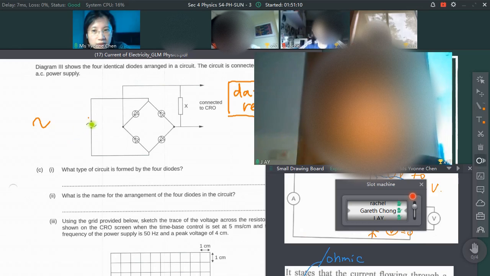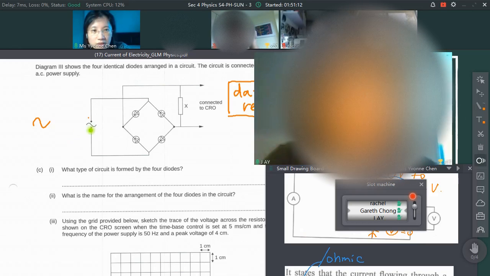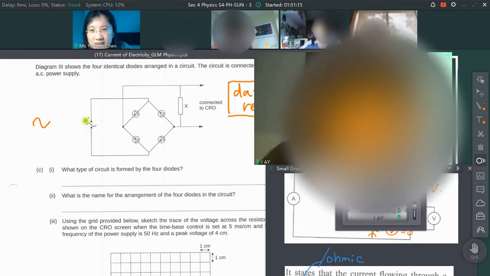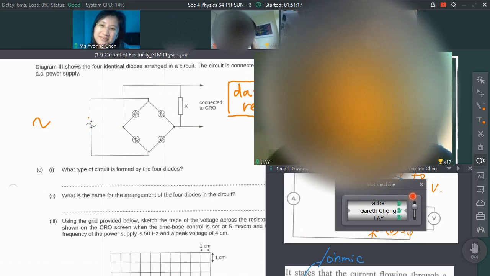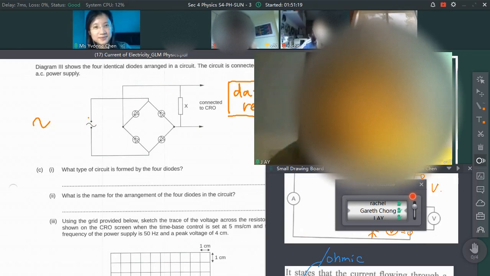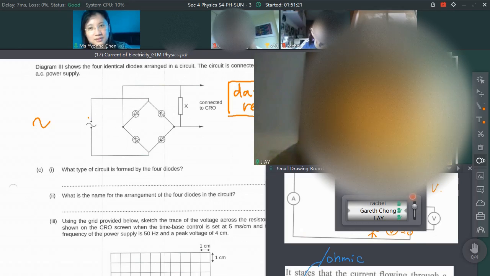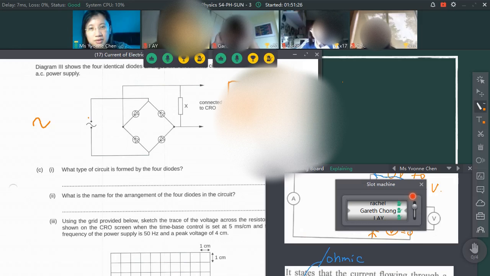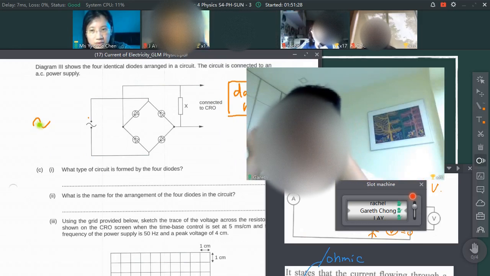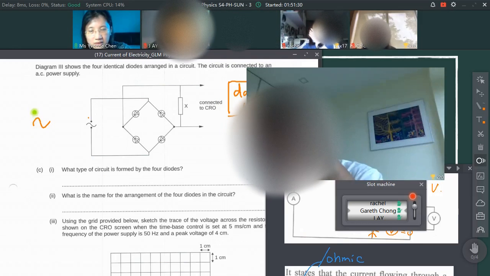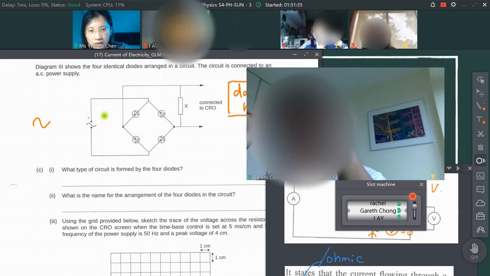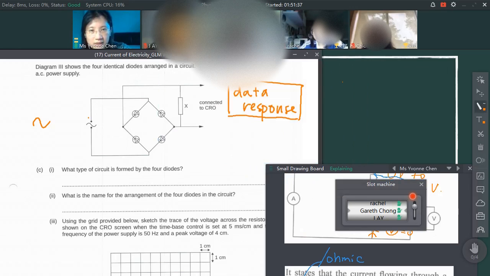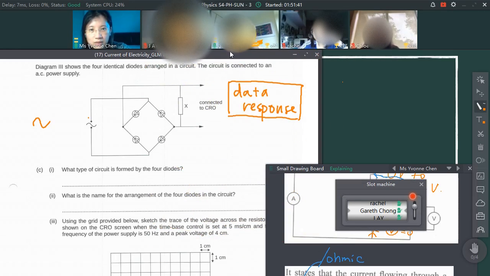The sinusoidal graph means what? Sorry, Gareth, do you remember? If you see this, what does it mean? You see an AC. Yes, it's an AC source. Thank you.